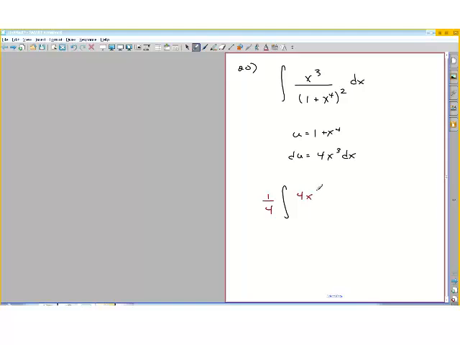So we have 4x cubed dx in the numerator. In the denominator we have (1 plus x to the 4th) squared. So we now make our substitutions. So we have 1/4. The numerator is du. The denominator is u squared.